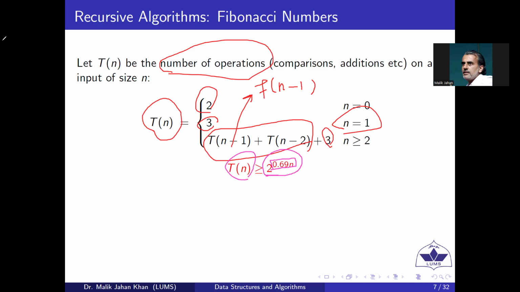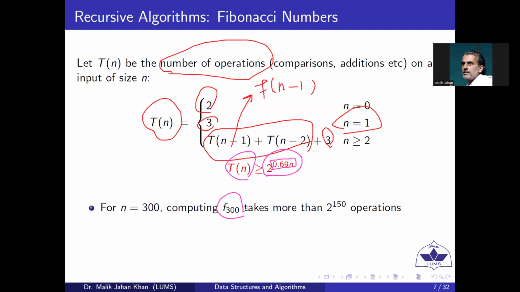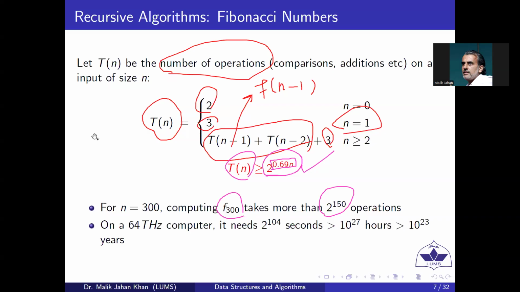The interesting thing I wanted to show you is that for n equal to 300, which means we are trying to compute the 300th Fibonacci number, F300, it will take us 2 raised to the power 150 operations. If you just plug n equals 300 into this expression, that's going to take 2 raised to the power 150 operations. What does that mean in physical terms? If you have a very fast supercomputer, with a frequency of 64 terahertz, it will need 2 raised to the power 104 seconds to compute this whole thing.